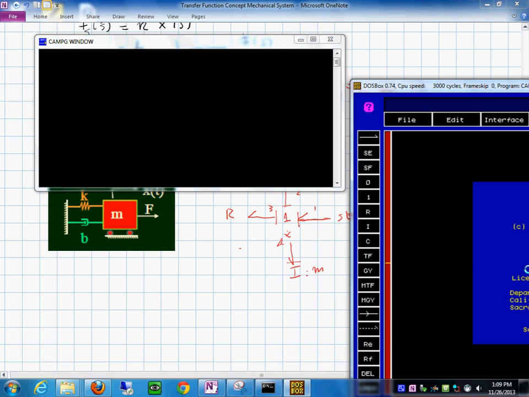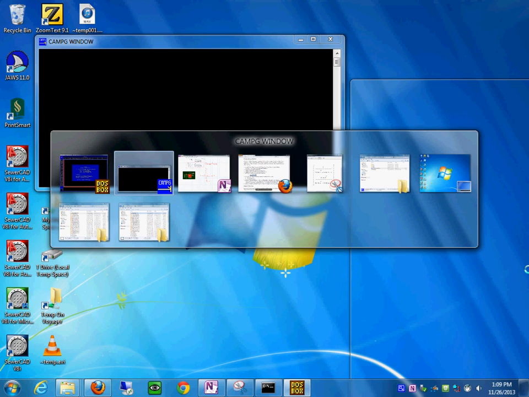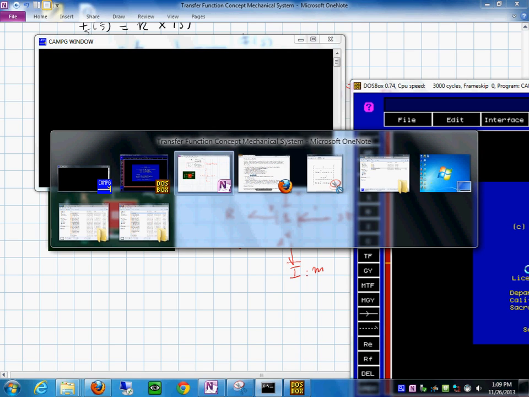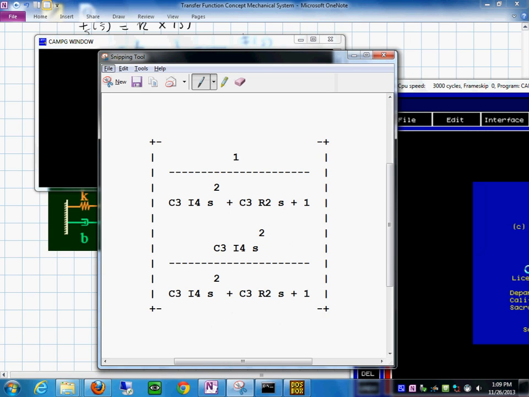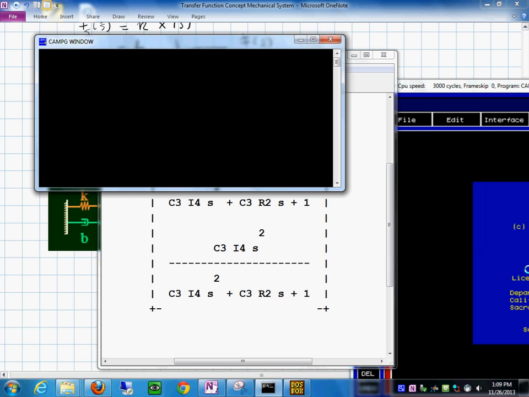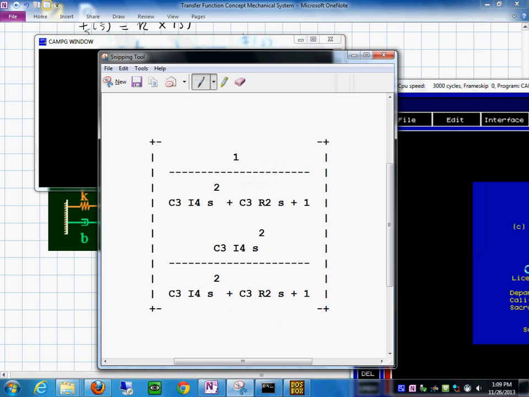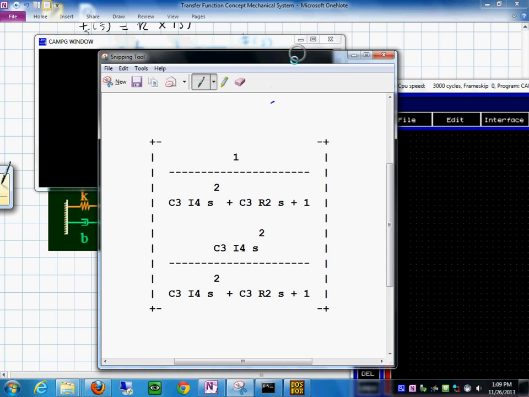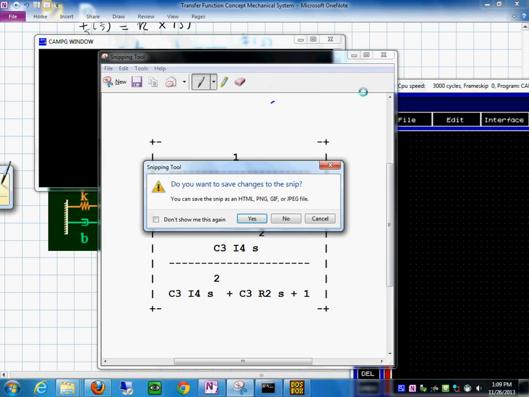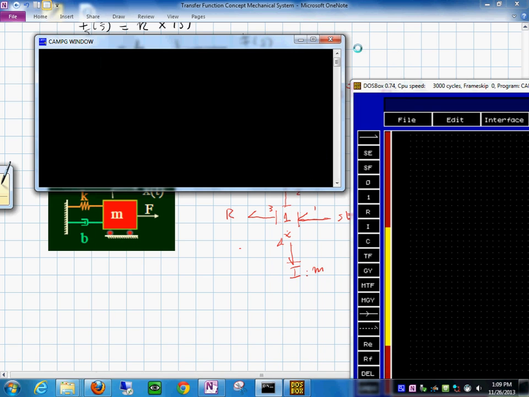I'm not able to see the mouse anymore. That's too bad. Anybody has any idea why? I've never had this happen to me. Can you imagine how much of an influence the mouse is? Okay, good. I think we're back.